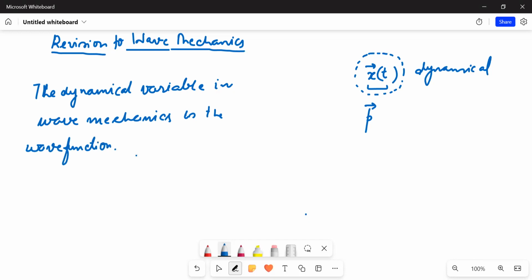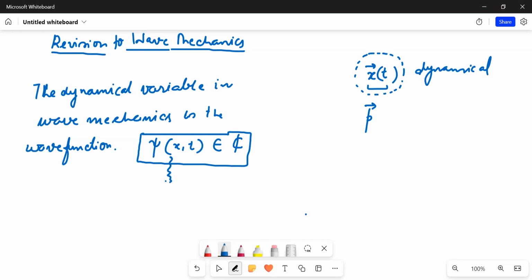In general, understand that this wave function belongs to the set of complex numbers, or in general, it is a complex valued function. This particular wave function satisfies something called the Schrodinger equation.